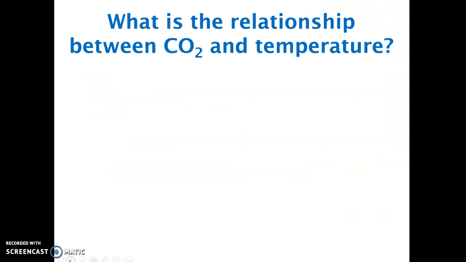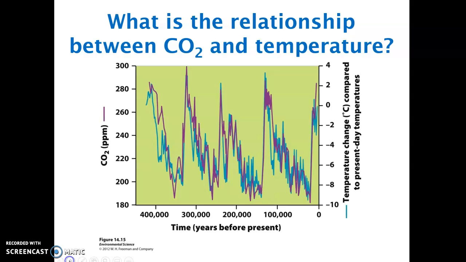So now we're going to look at the relationship between carbon dioxide and temperature. And to do that, we are looking at a graph based on ice cores in particular, that goes back in time from present day, 100,000 years ago, all the way back to about 400,000 years ago.